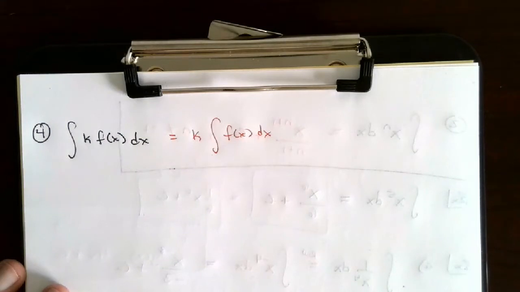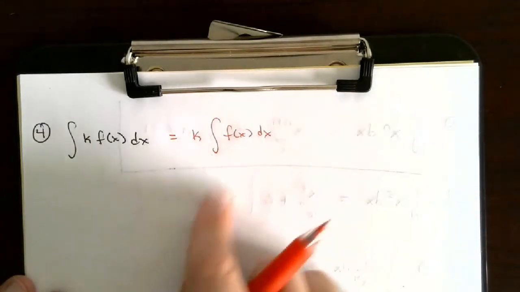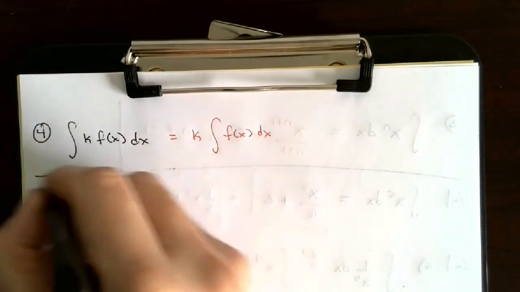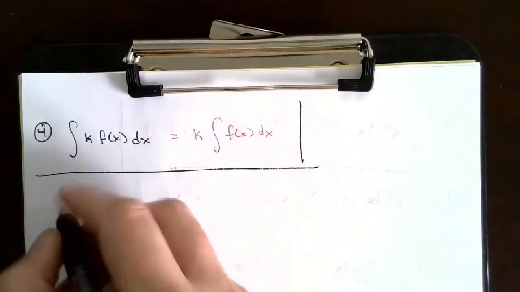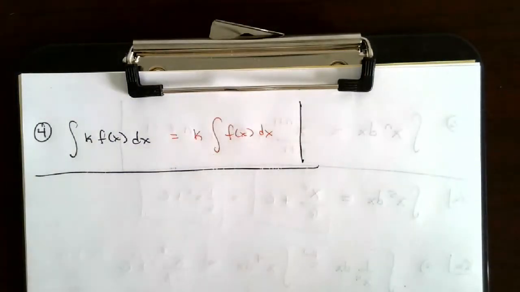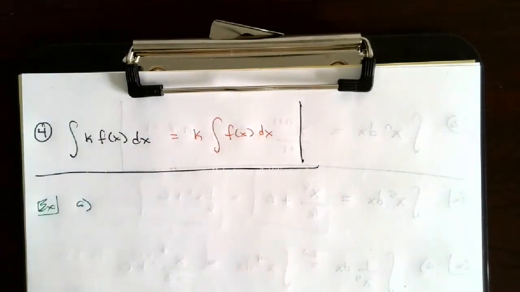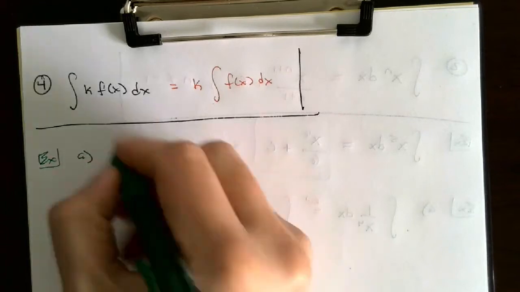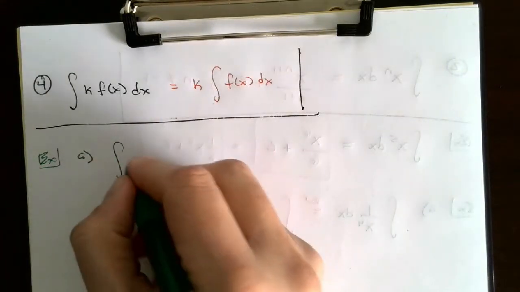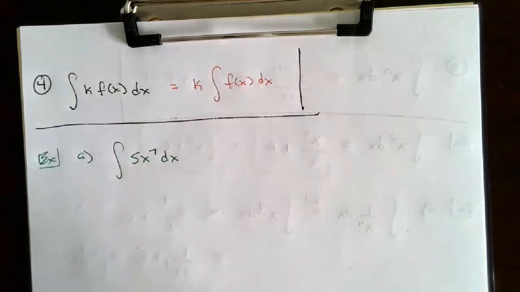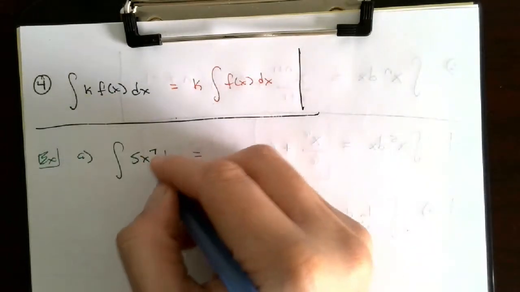You'll do this kind of naturally as you approach the problems, but let's just see a couple of examples to make sure we've got it. For these examples, I'll call this first one A. If I said you want to take the antiderivative of 5x to the 7th dx, what it's really saying is you have 5 in front of a function x to the 7th.